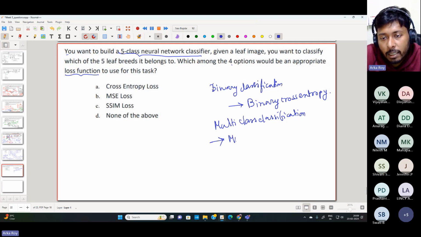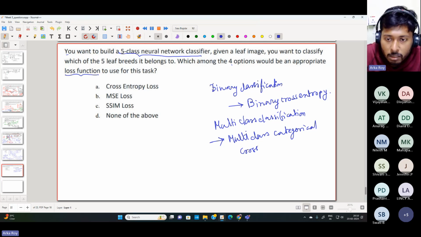We use multi-class categorical cross entropy. It is there in probably the loss functions lecture. So categorical cross entropy loss function.